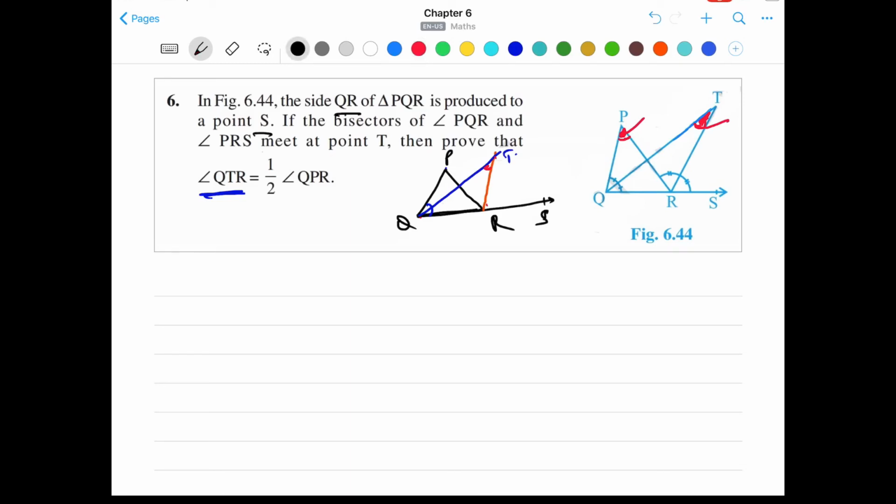Okay, so let's start with first writing the given part. This is answer number 6. First we'll write the given.